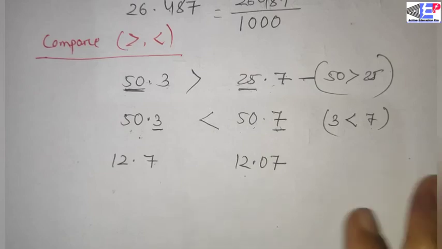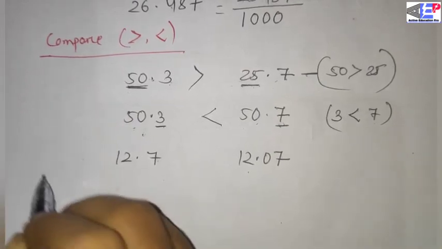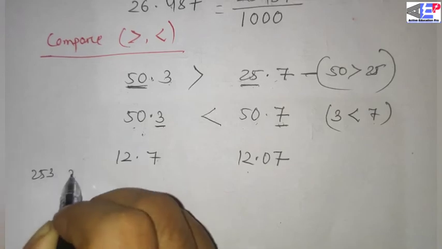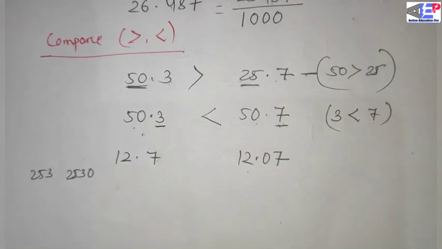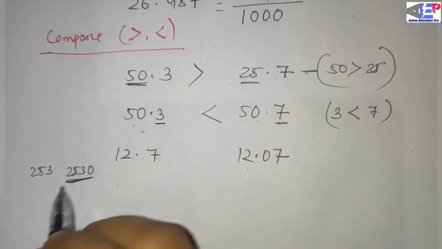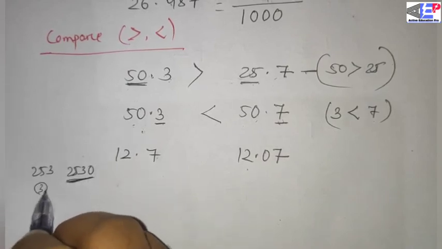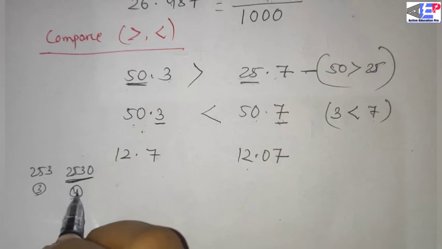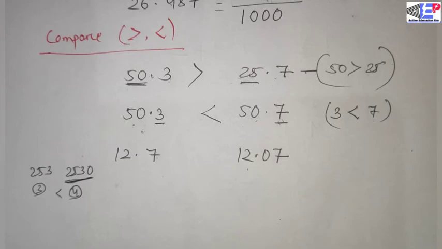And you know, normally in whole numbers, if there is 253 and 2530, already you know that the number with more digits is greater, here the 3 digit number and the 4 digit number, so the 4 digit number is always greater than the 3 digit number. But in decimal numbers it is the opposite, it is exceptional.